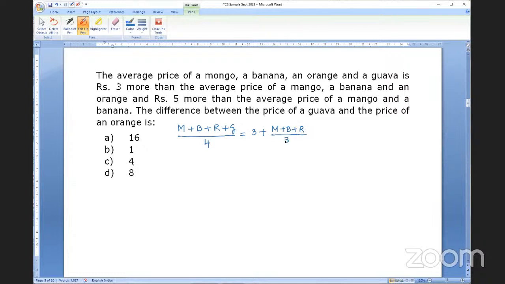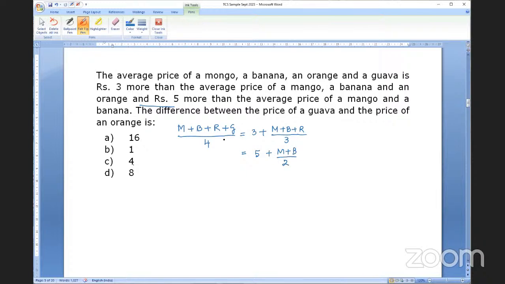And average of these 3 will be m plus b plus r divided by 3. And is 5 more than average price of a mango and banana.